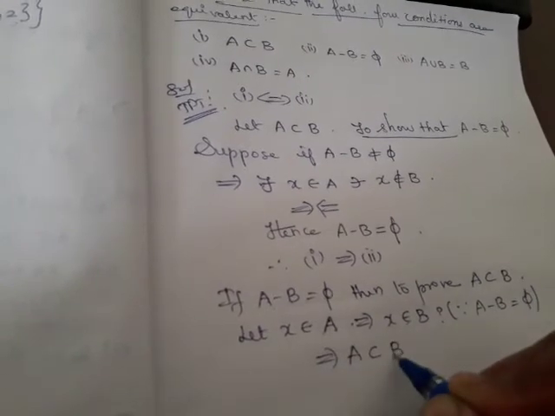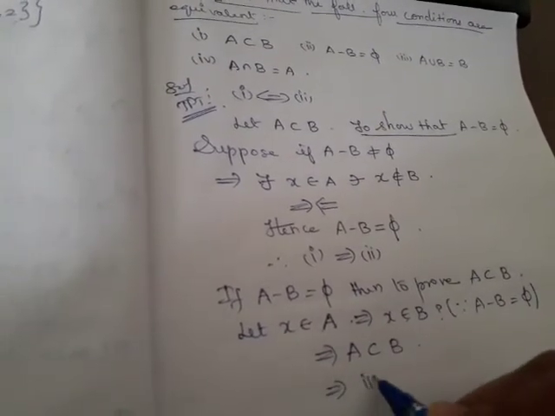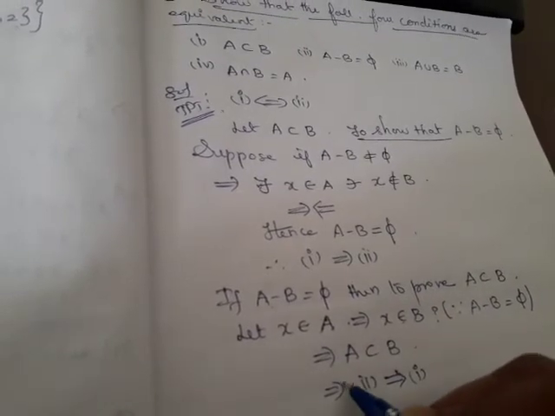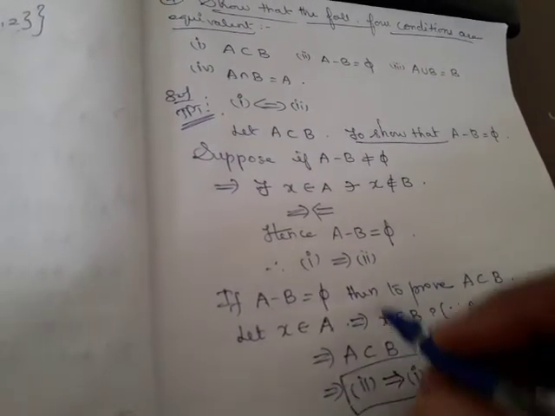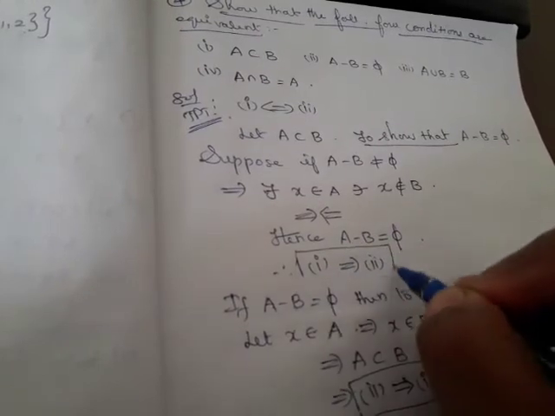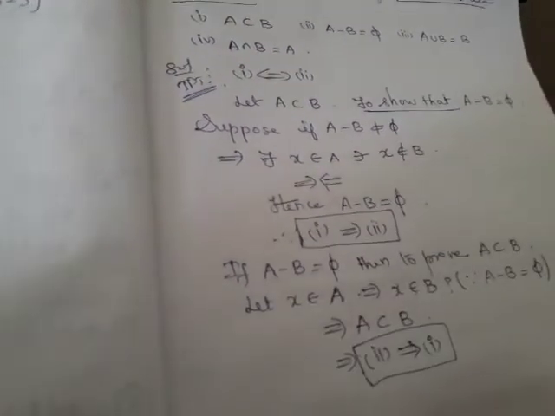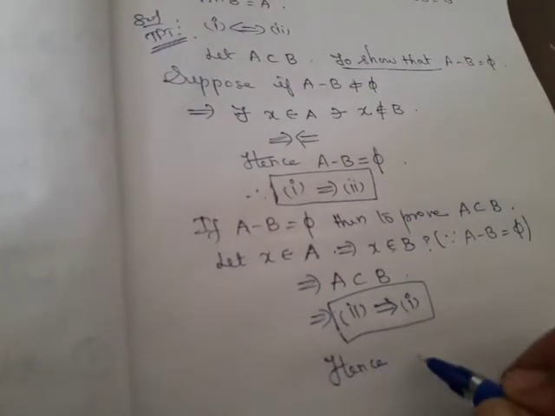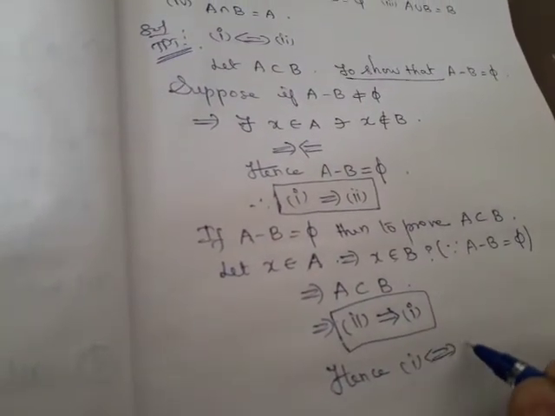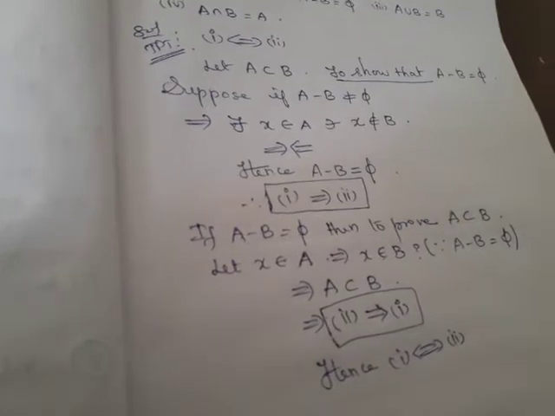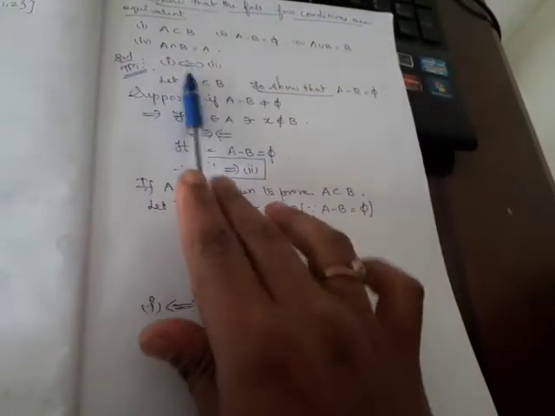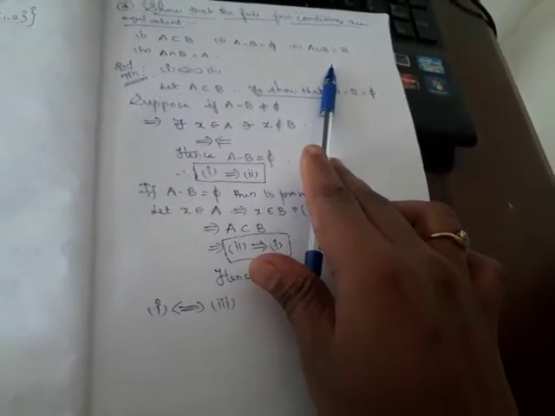A is a subset of B. So the second statement implies the first statement. So we proved first statement implies second statement, then second statement implies first statement. Hence statements 1 and 2 are equivalent, right?